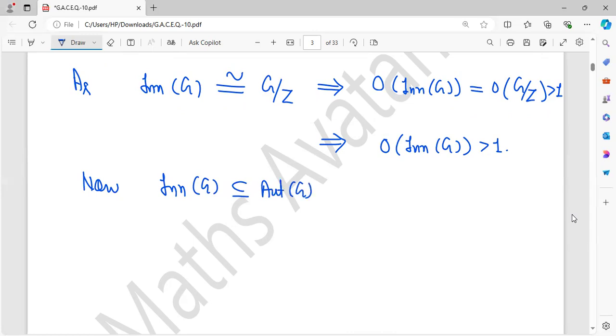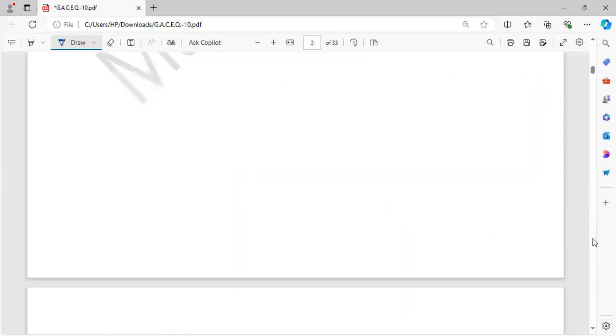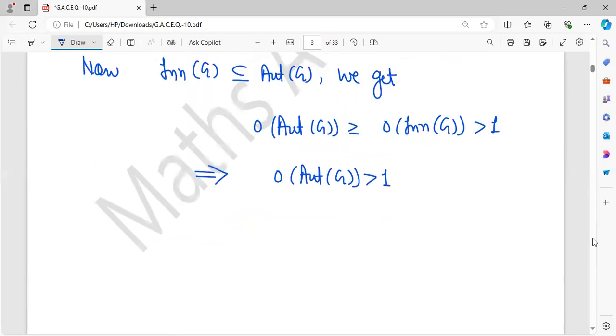So we get the order of Aut(G) is greater than or equal to the order of Inn(G), and this is greater than 1. So what does it mean? It means the automorphism group of G has order greater than 1. It means G has a non-trivial automorphism.